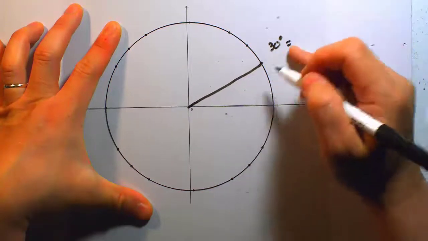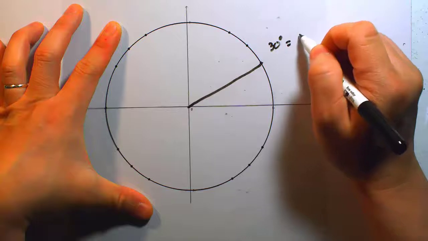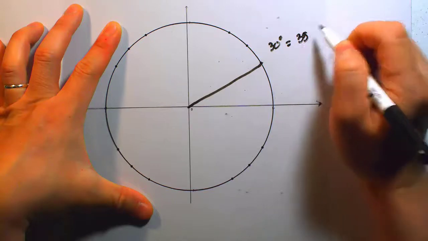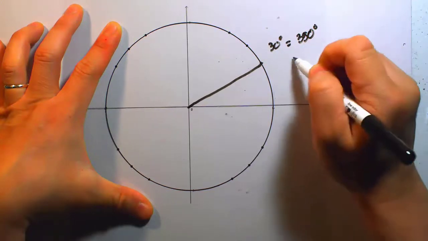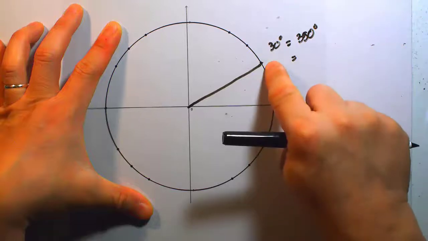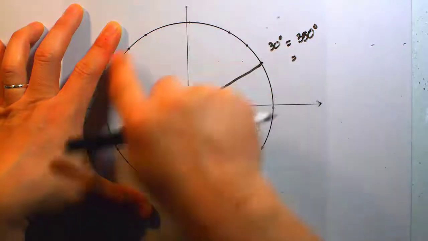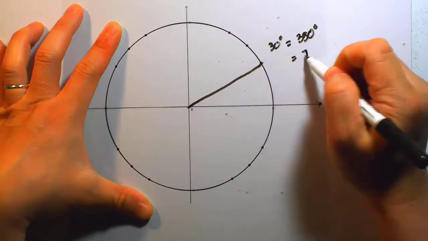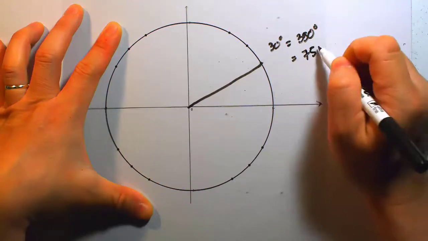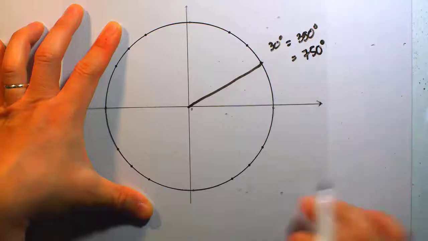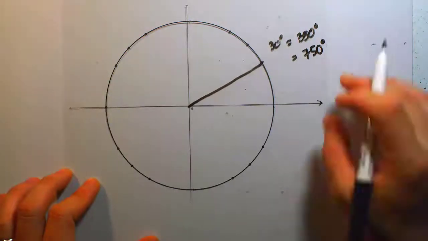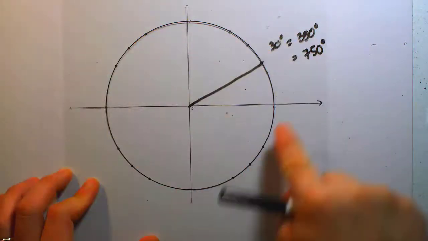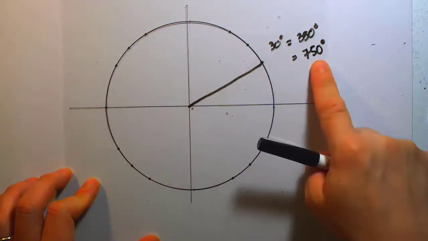So the 30 degrees angle is also the same as the 390 degrees angle, and if we go from 390 one more complete cycle, added to that, it's going to be 750 degrees. And then we can keep adding more and more complete rotations after 750.